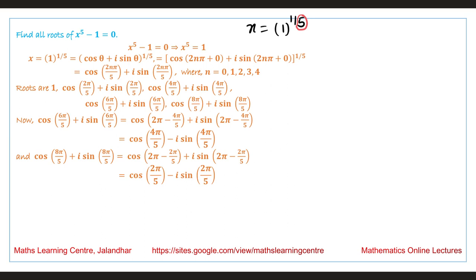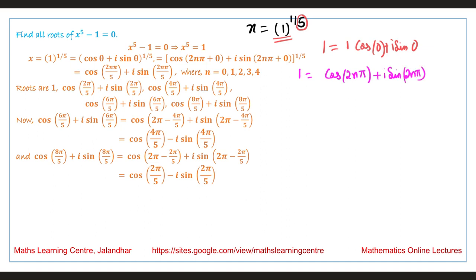And to find these roots, we are going to write this 1 in the polar form. The polar form for 1 is r is 1, cos of 0 plus iota sine of 0. Now, we write it in the general form, cos of 2n pi plus iota sine of 2n pi.